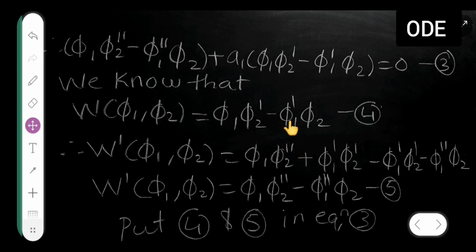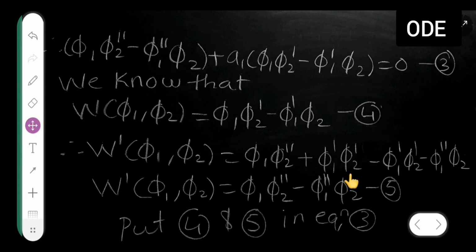Then minus phi1 dash, keep as it is, and differentiate this phi2 dash. Minus, keep this as it is, phi1 dash, and then differentiate this phi2 dash. Sorry, phi1, this you have to differentiate, and then keep phi2 as it is.